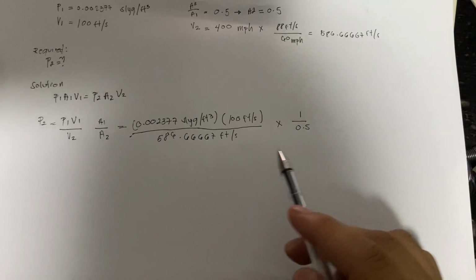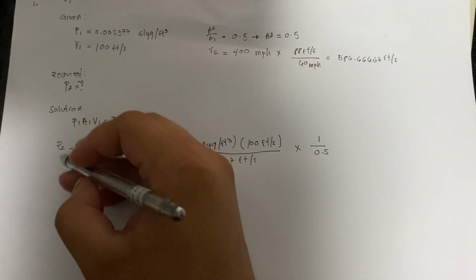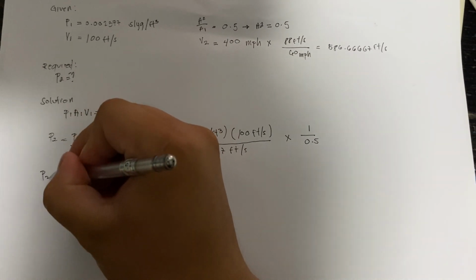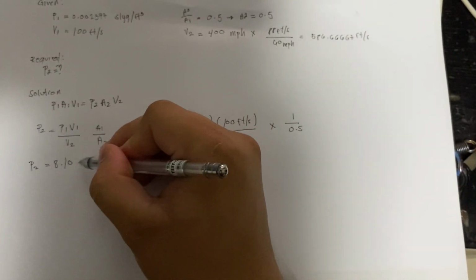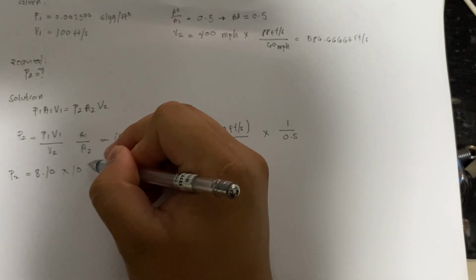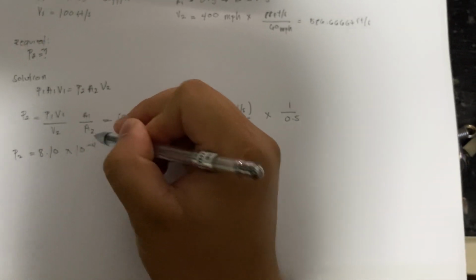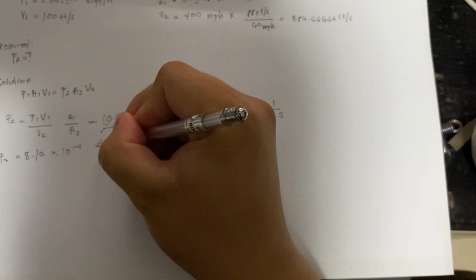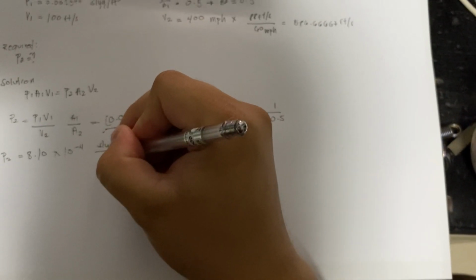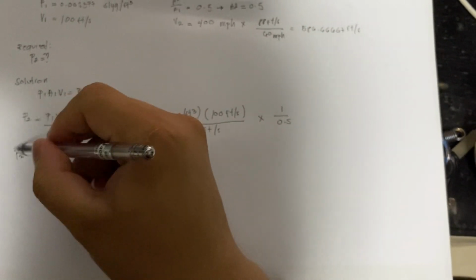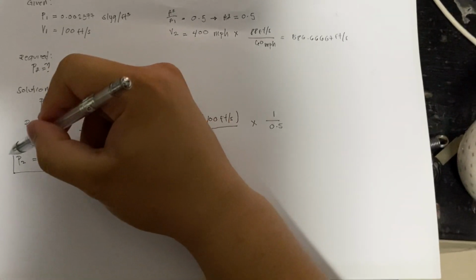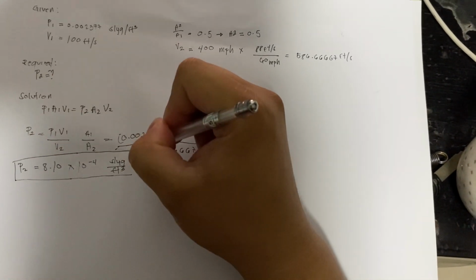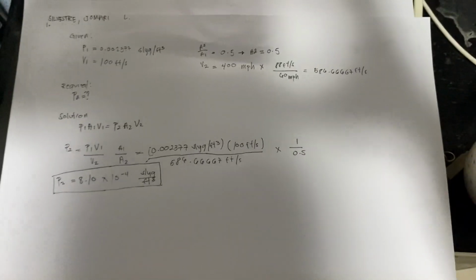Then the answer is rho 2 is equal to 8.10 multiplied by 10 to the negative 4 slug over feet cubed. And that's the final answer.